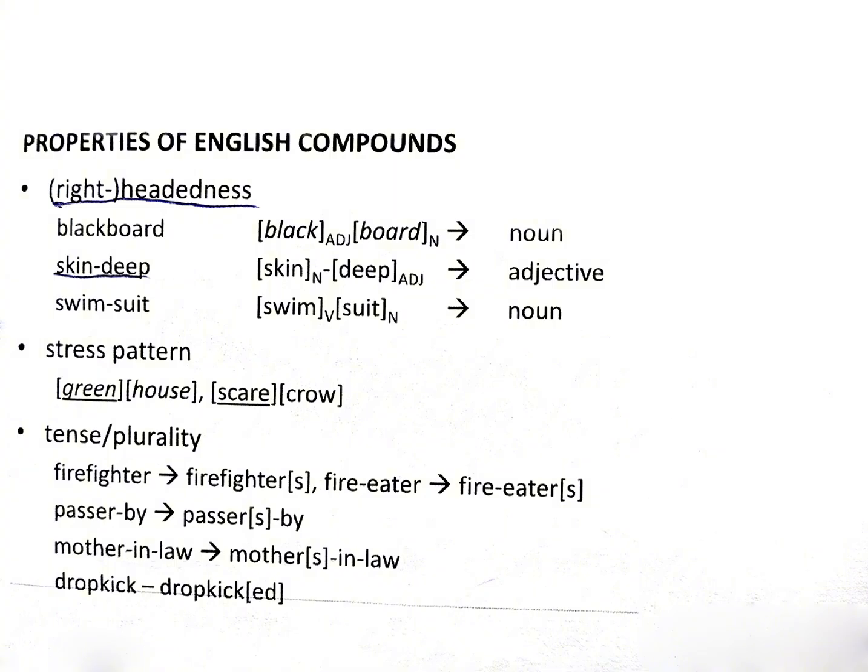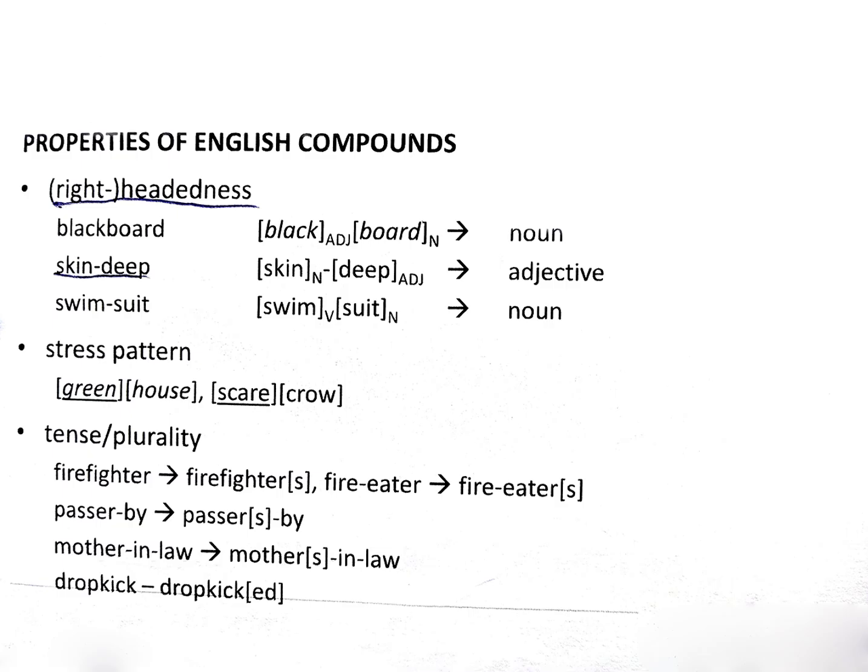And blackbird functions as a noun as well. Let's take the second word, skin deep. In this case, the free morpheme skin is a noun and deep is an adjective. So the compound word skin deep functions as an adjective.